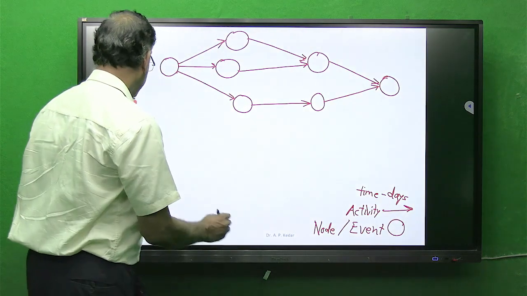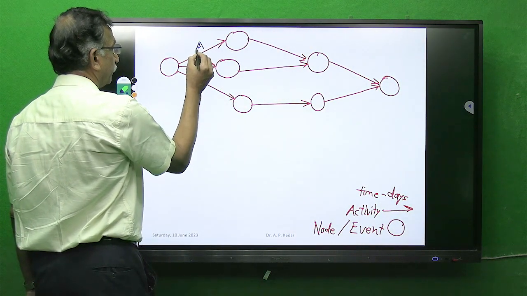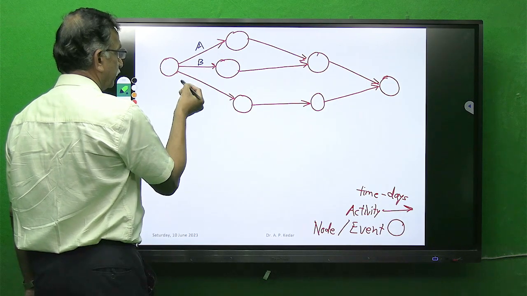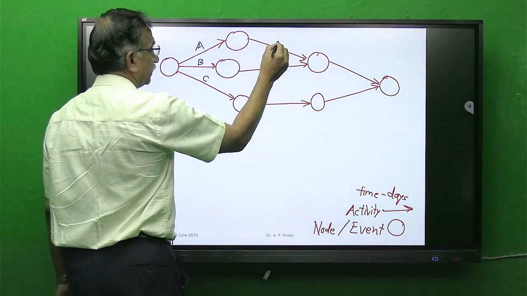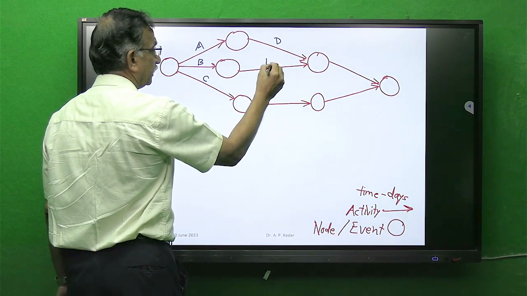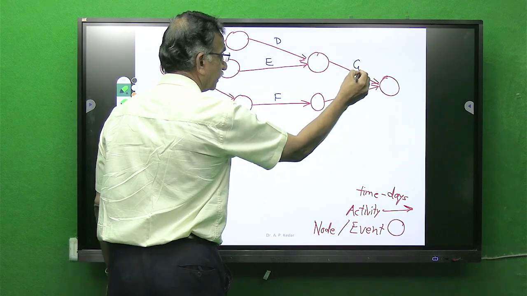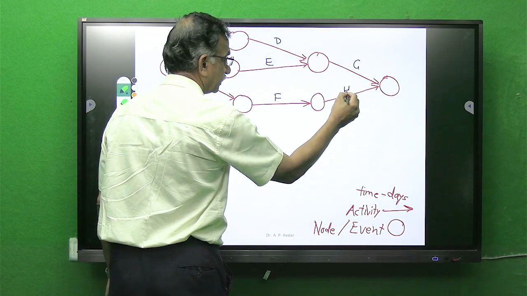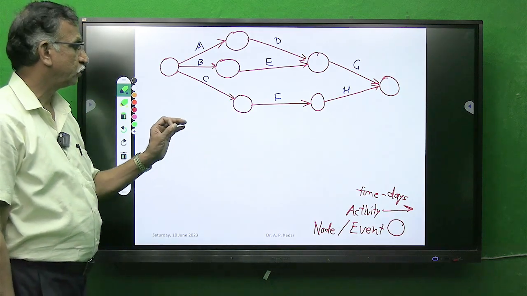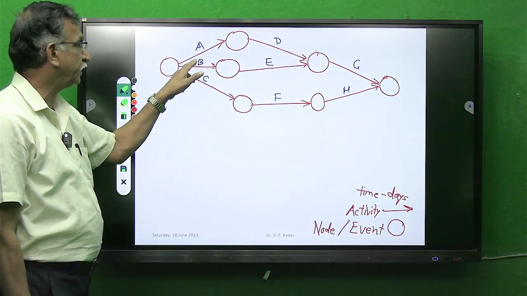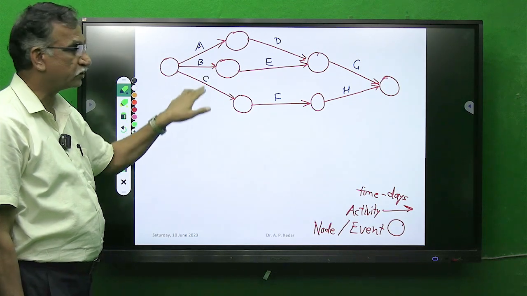Hypothetically I will write now name of the activities, let it activity be A, this be the activity B, this is activity C, further this is D, E, F, then G and H. So I gave names to these various activities.